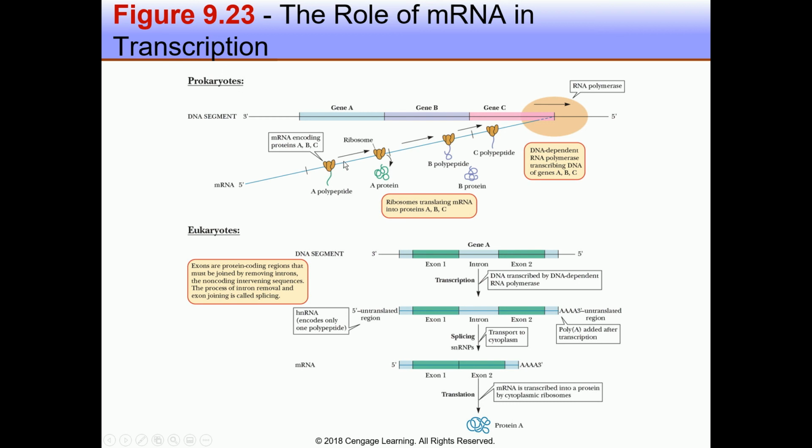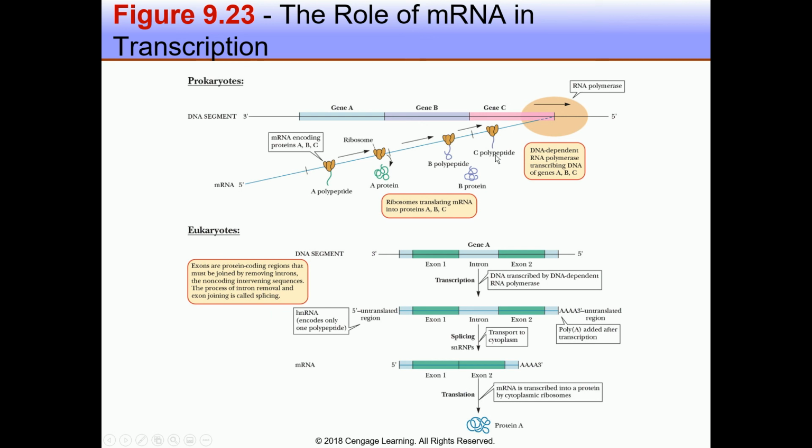You can see this is gene A, this is gene B, this is gene C. Once the ribosome reaches here, the polypeptide chain for protein A will be made. It will further fold into the protein. This part of the mRNA is coding for gene B.